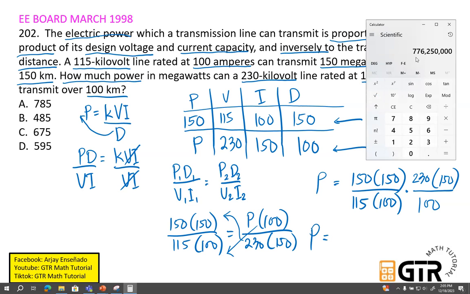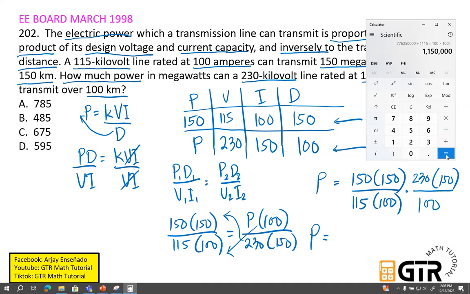776,250,000. Then i-divide naman natin, lagyan lang natin ng parenthesis. Multiply naman natin itong tatlong nasa baba. So we have 115 times 100 times 100. Then enclose natin sa parenthesis. So ito yung product nitong tatlo, 1,150,000.